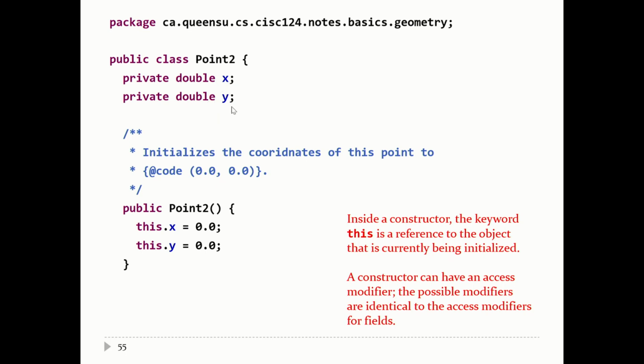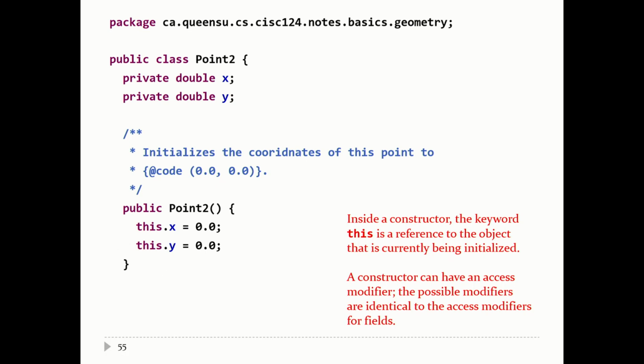But remember, this constructor is running on some object somewhere. So really what you want to do is set the x coordinate of that object to 0, and set the y coordinate of that object to 0. That means the constructor needs to know which object it is setting the x and y coordinates for. The name of that object, in Java, is the keyword this.